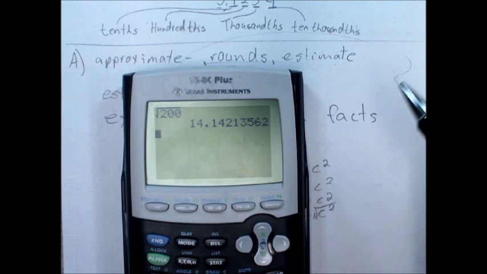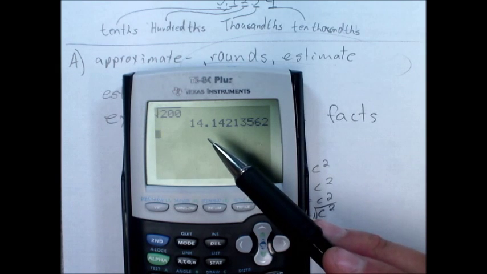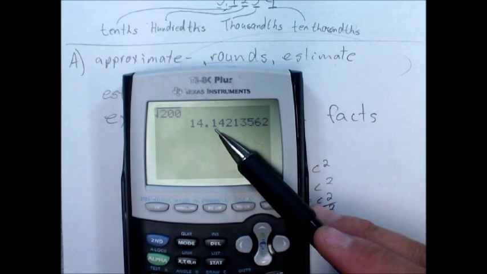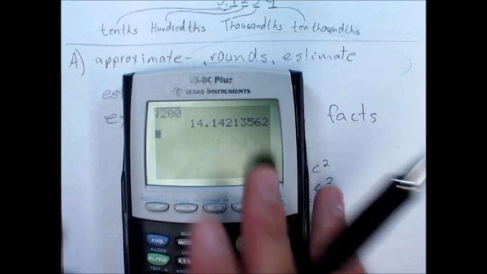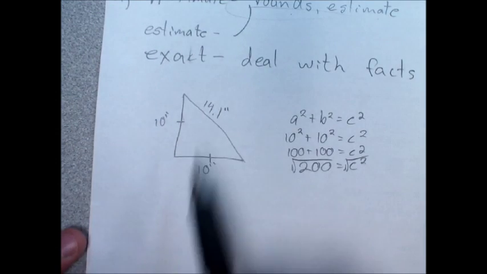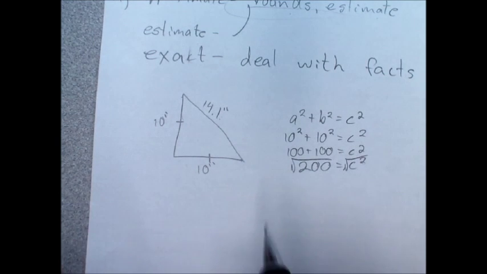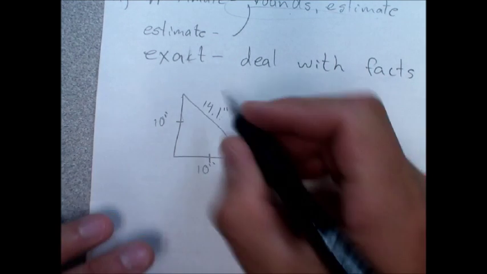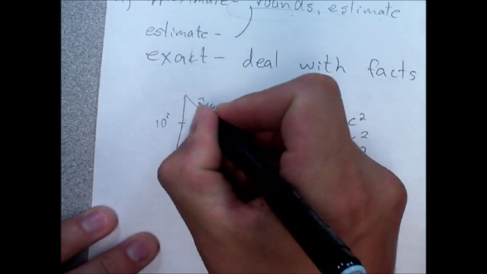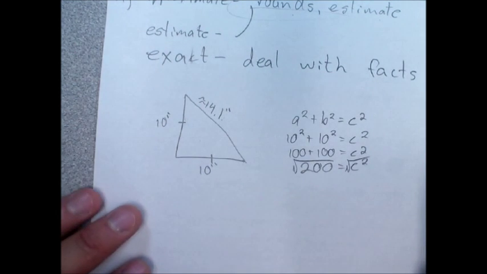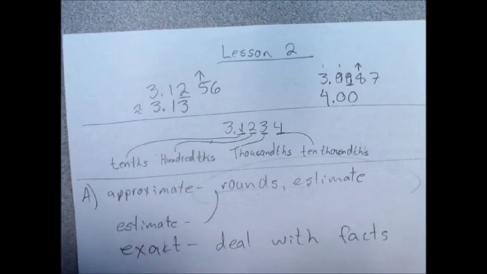It's actually rounded. So she rounded it to 14.1. So, in reality, when she presented herself as an exact number, it wasn't an exact number because it wasn't a perfect triangle. So this is an approximated number, or a rounded number, so it would go into approximation.